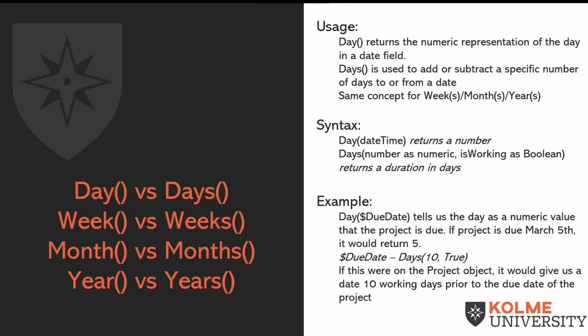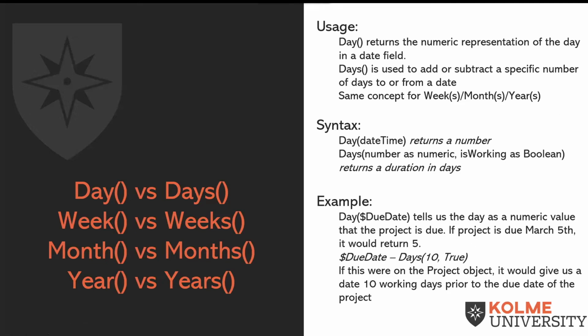And in reality, you're often using month, day, year together to calculate, if you're trying to build a date value from variables or something like that, you'll use those together. So some examples here. Day tells us the day as a numeric value.